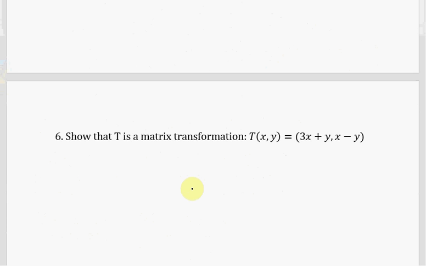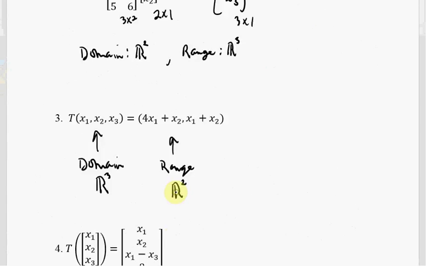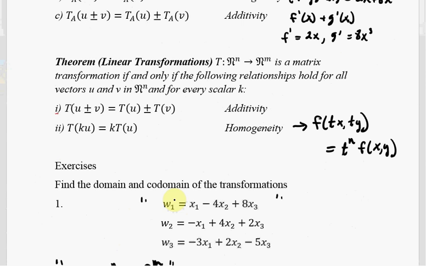An algebra is called a linear algebra under vector addition and scalar multiplication. Let me scroll up and show you that. It was in this section. The theorem for a linear transformation.